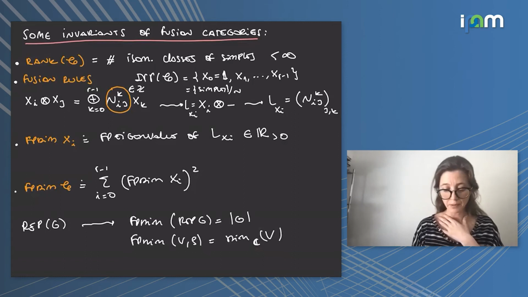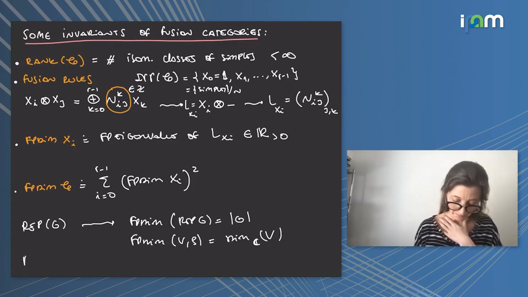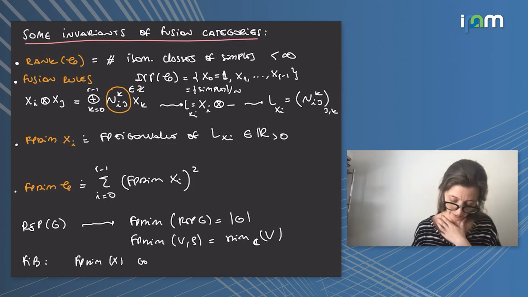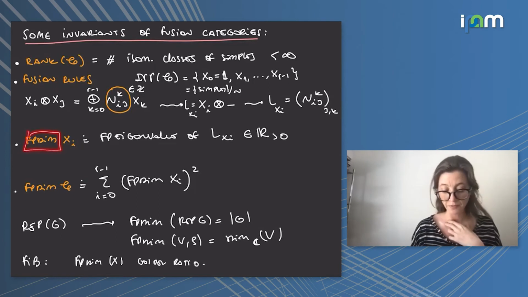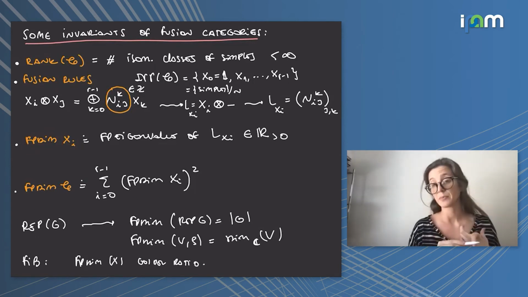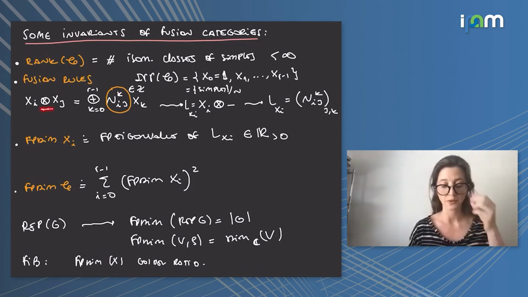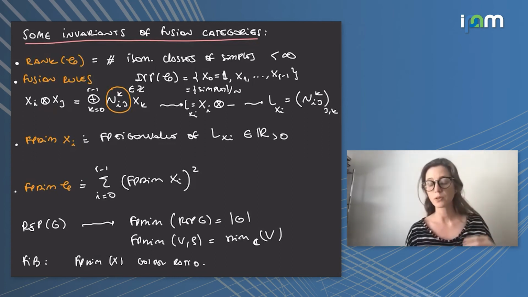But this example that we have for Fibonacci has a nice thing, and it's that the dimension of X is the golden ratio. This dimension is a very nice function. It's additive with respect to the direct sum, it's multiplicative with respect to the tensor product, it preserves duality, and it's unital.